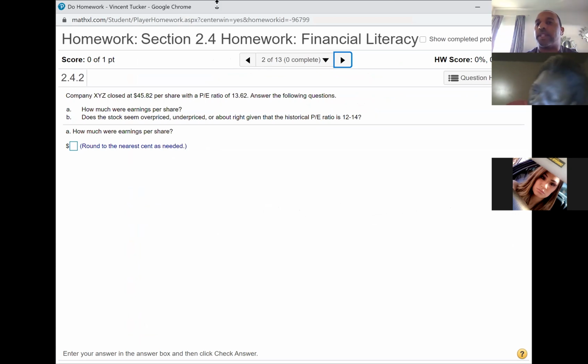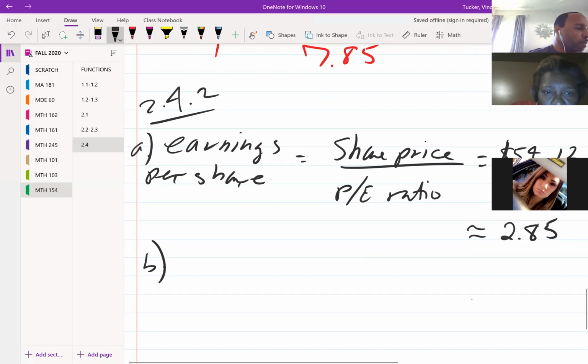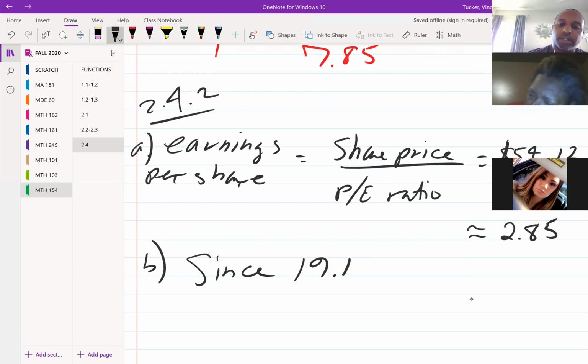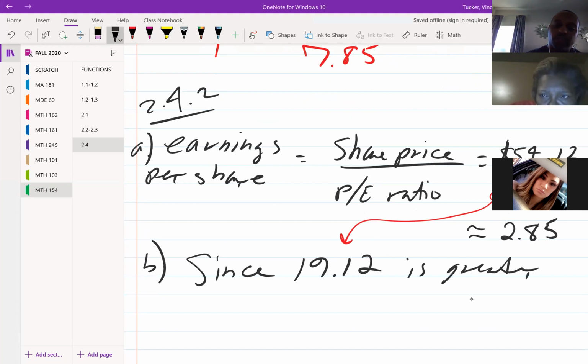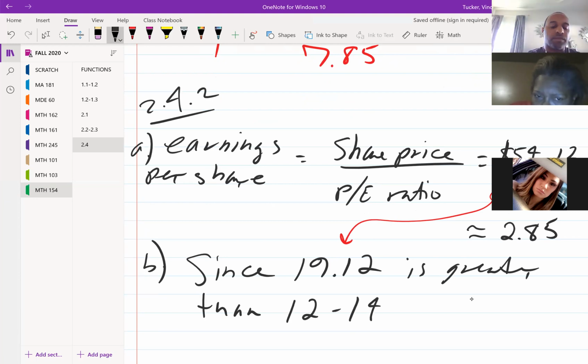Hold on to that for a second and we'll come back to it. But let's go back to our example. Since the 19.12, remember, we had 19.12 as a PE ratio, is greater than the 14, it is overpriced.